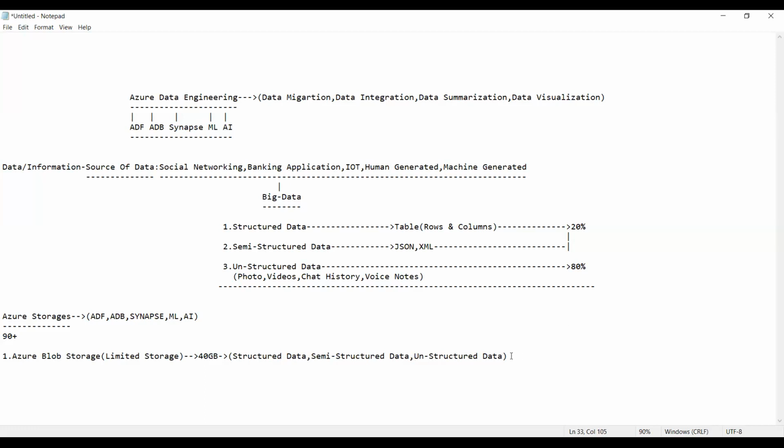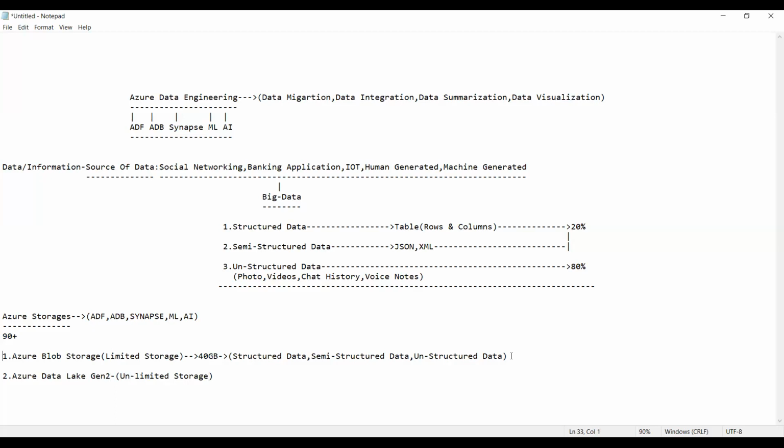Whereas later they introduced Azure Data Lake Gen 2, which was released with unlimited storage. We can store up to whatever extent we want.